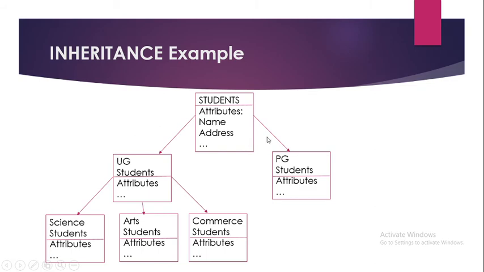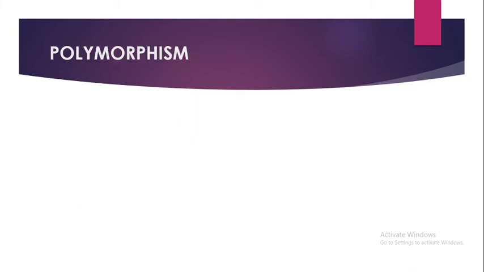So student is reused, UG student is reused, and here we have defined next level classes: science students, arts students, and commerce students. So this was about inheritance.